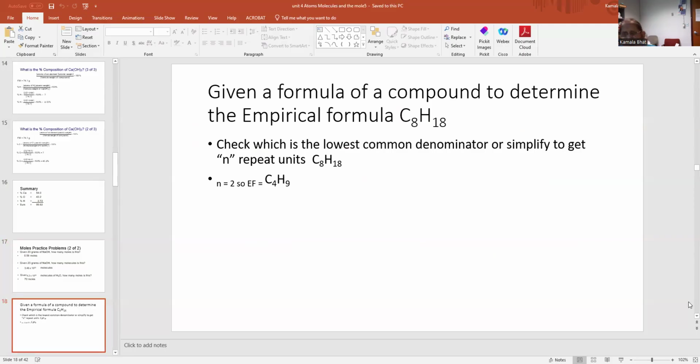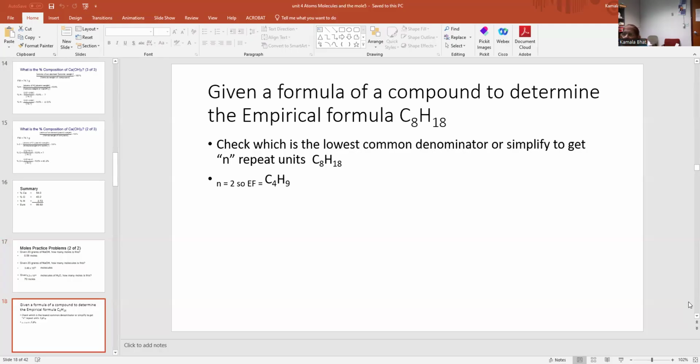Next, we come to empirical formula. There are 2 ways to do it. The first way is the simple way. You look at the formula that is given, and then we can write the empirical. How? Empirical formula, by definition, is the simplest formula of a compound.